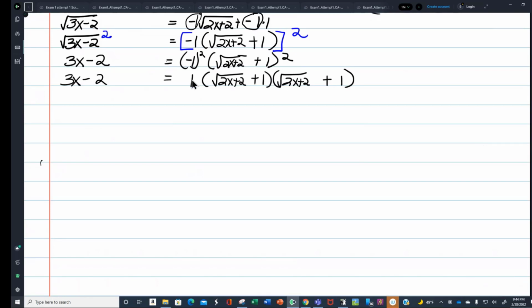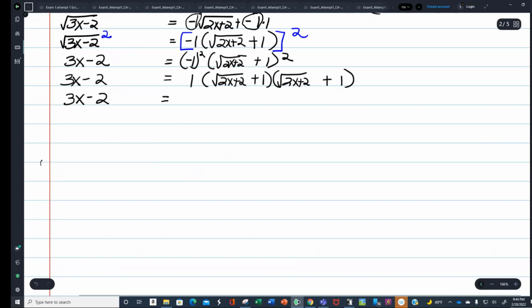Now saying 1 times that, if this were an English class, you'd call it a tautology, I believe. Just overly wordy, not needing to use that many words. We don't need to say 1 times. When you say 1 times, the 1 disappears. Okay, so now I'm going to make this blue.